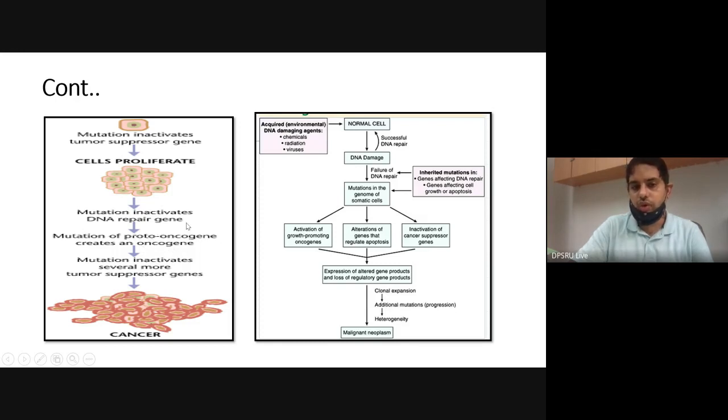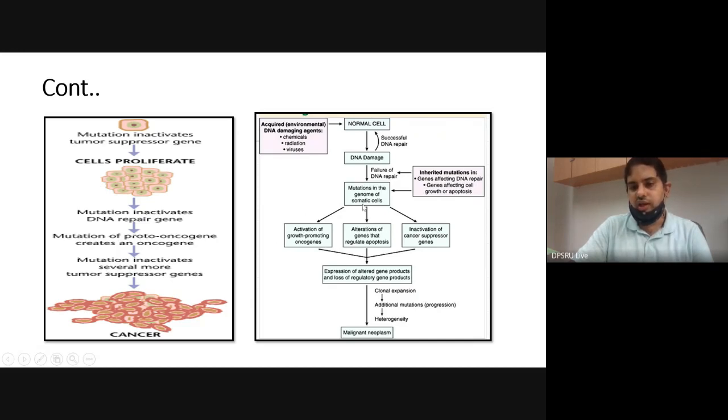So the proto-oncogene will convert into an oncogene, and mutations also inactivate several more tumor suppressor genes. So there is much more suppression of tumor suppressor genes, and ultimately uncontrollable cell division or cell growth will happen. You can see in the picture the uncontrolled growth, and it will spread to other parts of the body.